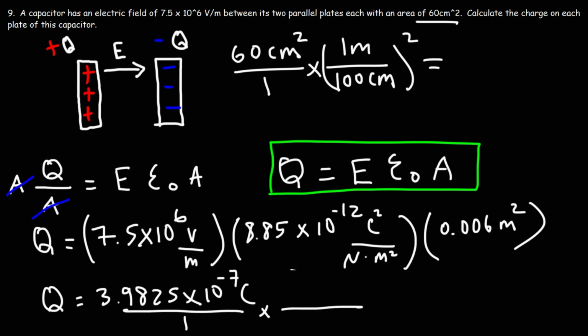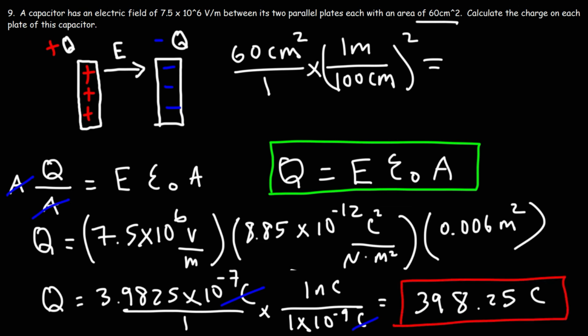Now, let's go ahead and convert that to nanocoulombs. 1 nanocoulomb is 1 times 10 to the minus 9 coulombs. So if we divide that answer by 1 times 10 to the minus 9, we're going to get the charge in nanocoulombs, which is 398.25 nanocoulombs.